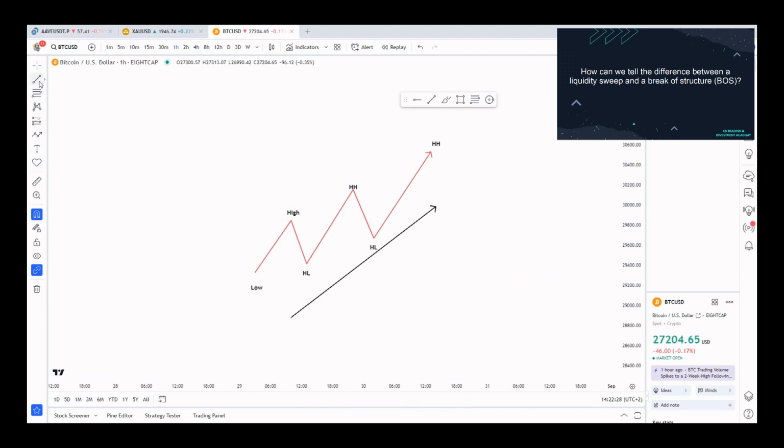A break of structure occurs when the next move up goes above and closes and forms a higher high. It moves beyond the previous high, and it will form a break of structure.